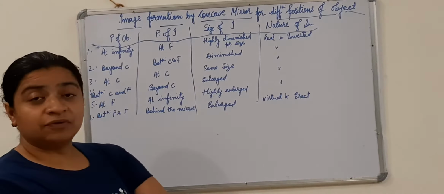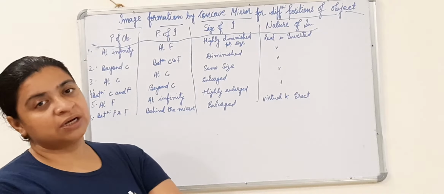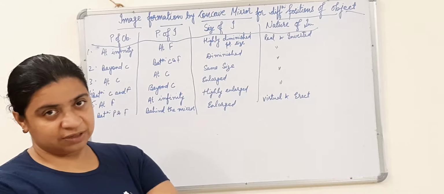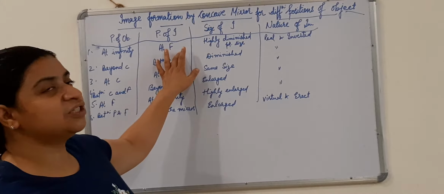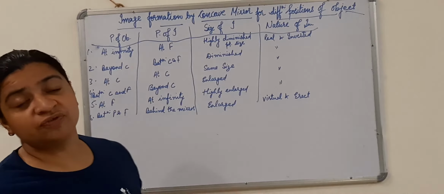Sometimes they provide you the position of the object and they tell you at this position of the object what type of image will be formed, the nature, position and size of the image. Or sometimes they give you the position of the image and they ask you the size, the nature and the position of the object.